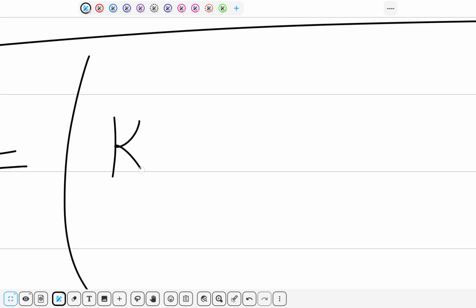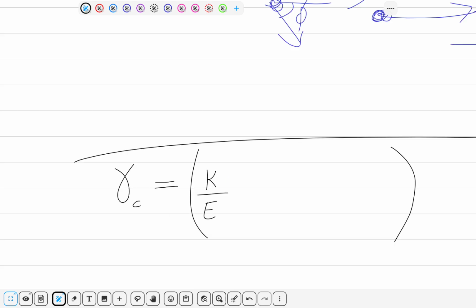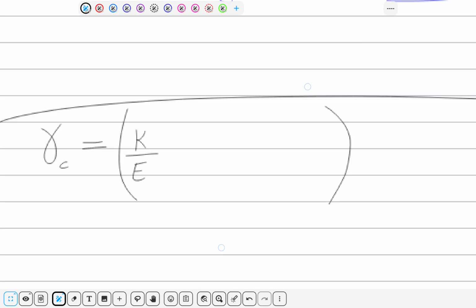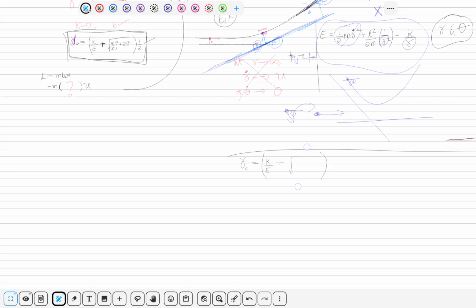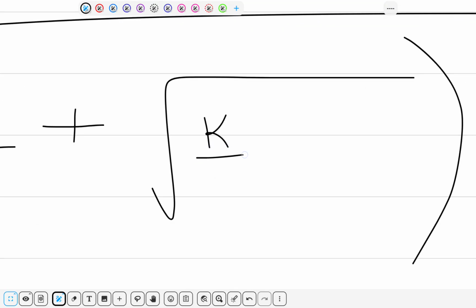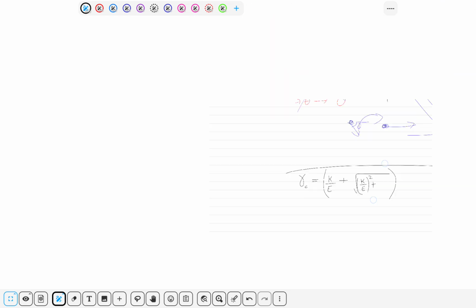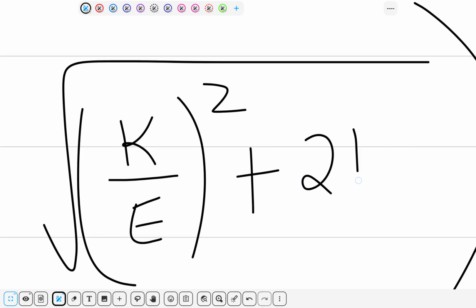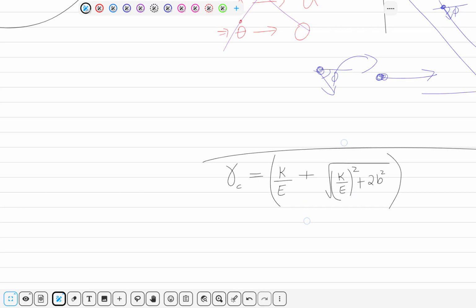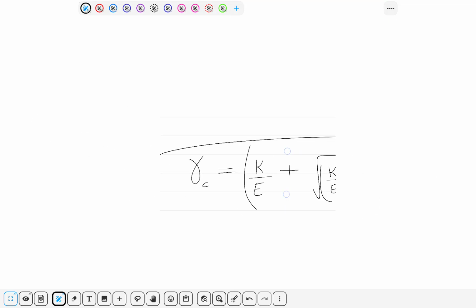K by E plus square root of K by E square plus 2V square times half.